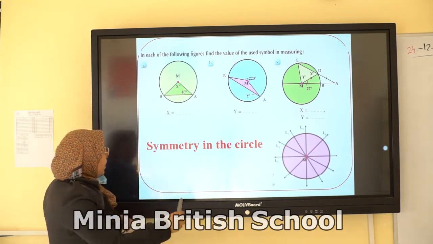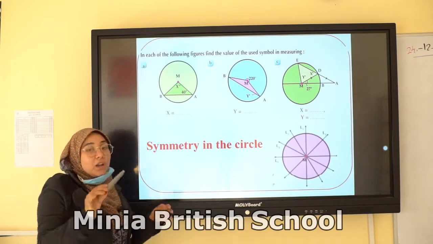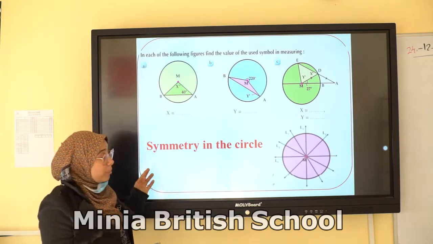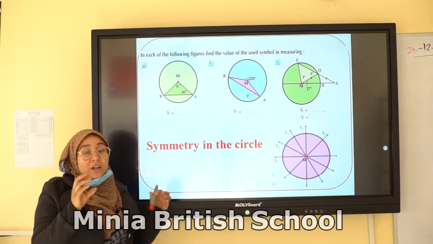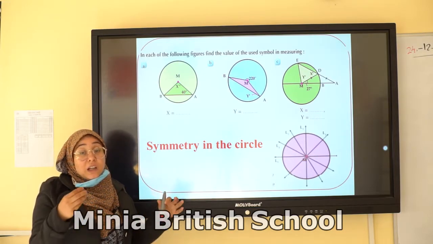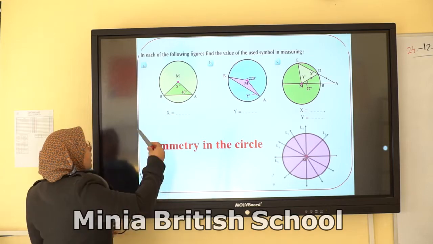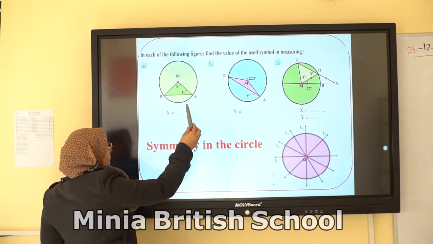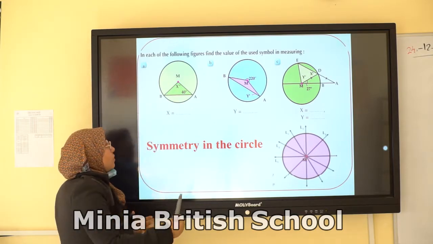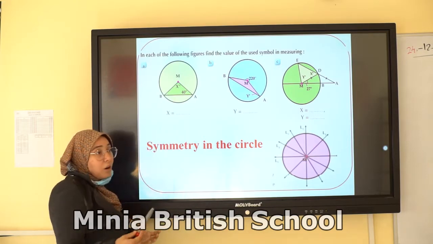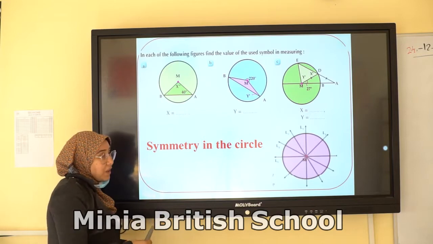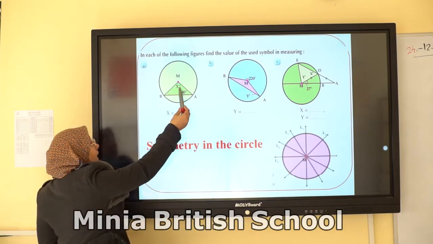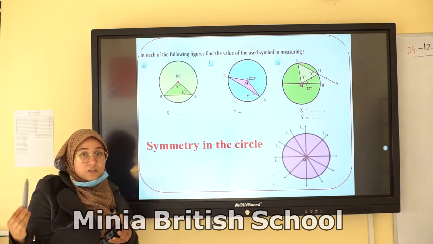Since the measure of angle MAB equals 40, and as I said before, the radii of the same circle are equal in length, therefore MB and MA are equal, because MB and MA are radii. Therefore, triangle AMB is an isosceles triangle.